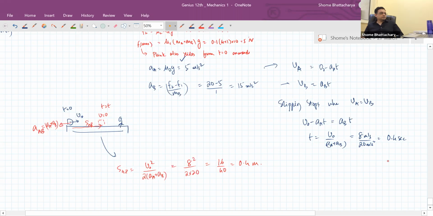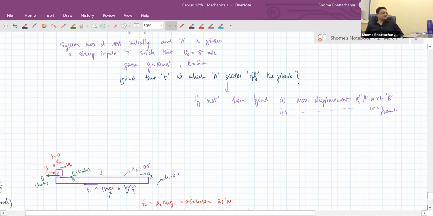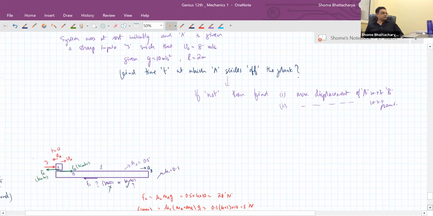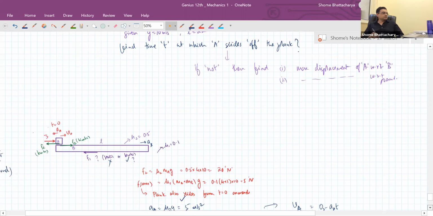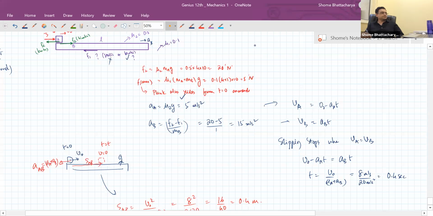Something is wrong now. It will be 1.6 meters. Acceleration of A, Nishit? Yes, it seems very unnatural, but it will be like this because of the net frictional force on A, you can see from the free body diagram.